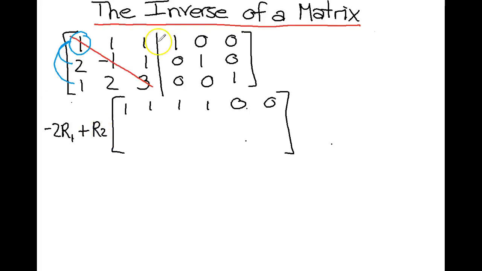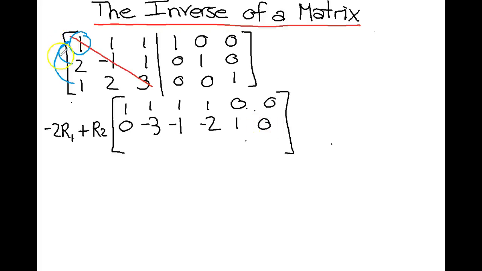So I'm going to multiply every element along this row by -2, and then add it to the corresponding element in row 2. So -2 times 1 is -2 plus 2 is 0. -2 and -1 is -3. -2 and 1 is -1. -2 and 0 is -2. 0 plus 1 is 1. And then 0 plus 0 is 0.